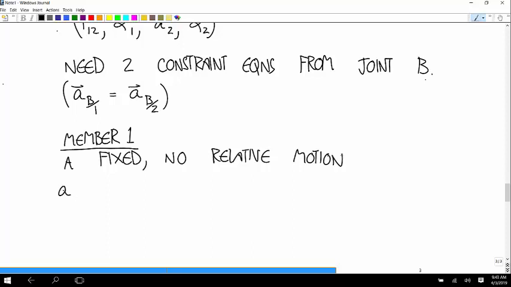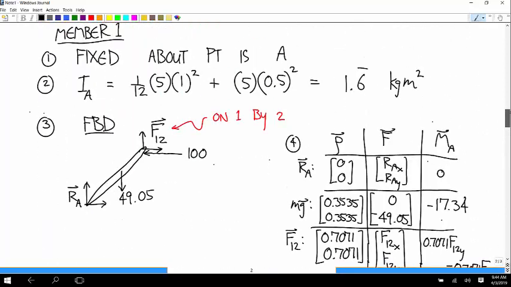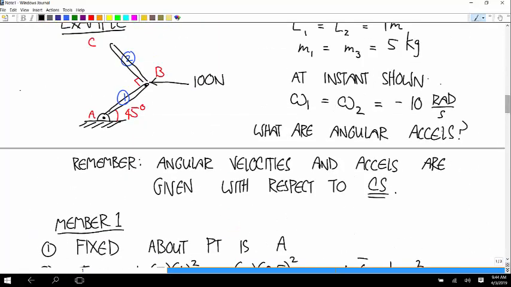So the acceleration of the point B, according to member 1, is 0, 0, alpha 1, crossed with the R vector. The R vector goes from the center of the circular motion to the point we care about.